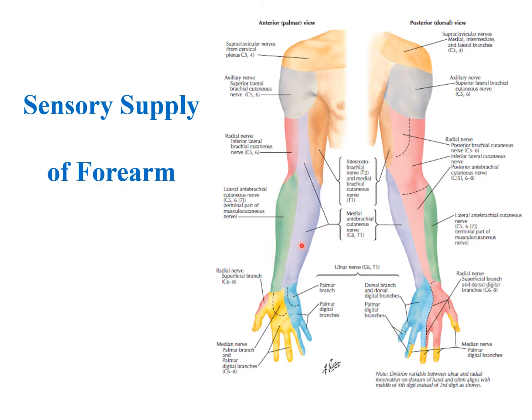These are the two nerves which are supplying the skin for general sensation to the anterior compartment of the forearm. And the root values you can see: C5, C6, C7 for the lateral cutaneous nerve of the forearm and C8 and T1 for the medial cutaneous nerve of the forearm. Already you talked about these nerves in the lecture of brachial plexus.